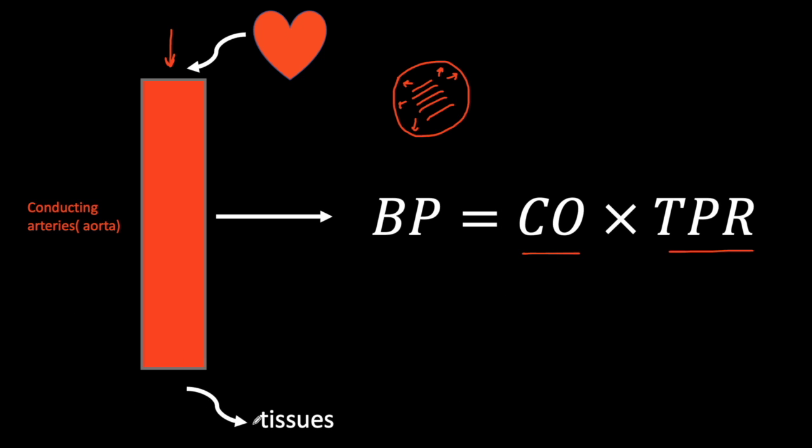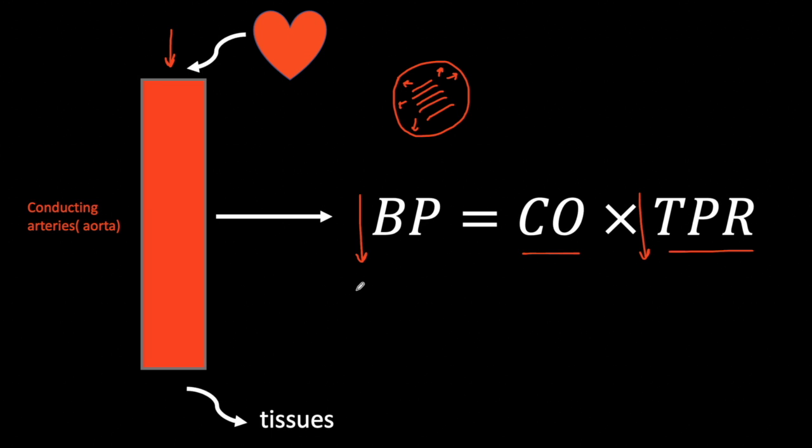So when these tissues receive more blood, less blood will be kept in these conducting arteries. So as our total peripheral resistance decreases, our arteriolar constriction decreases, what happens is a piece of cake. Our blood pressure will also decrease because of the less amount of blood which is in our conducting arteries.